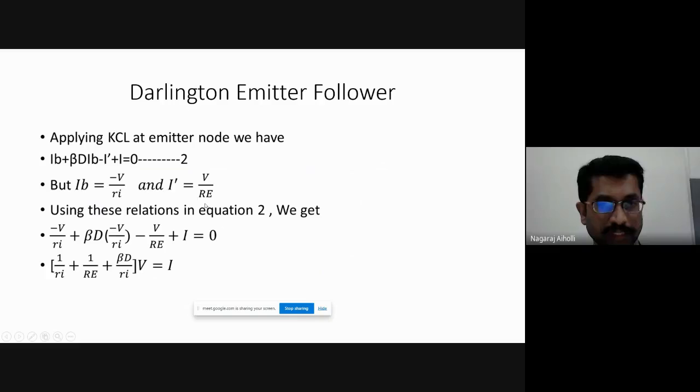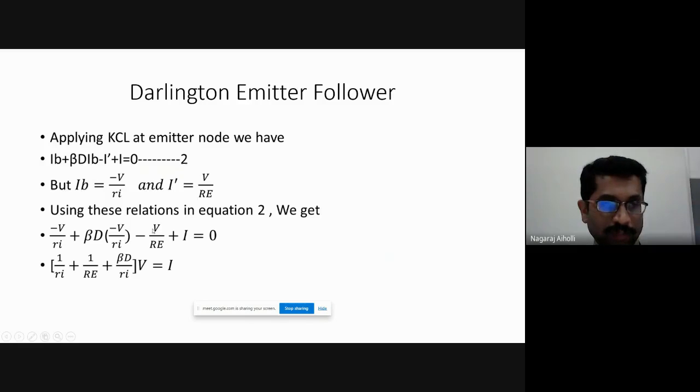Let us use these relations in equation 2. We get minus V by RI, plus beta D times minus V by RI, minus V by RE, plus I is equal to 0.